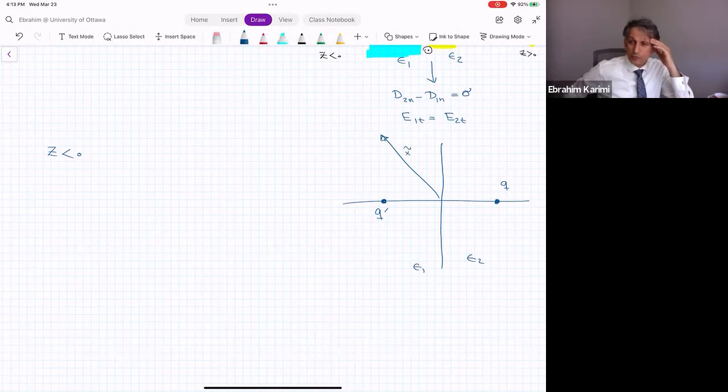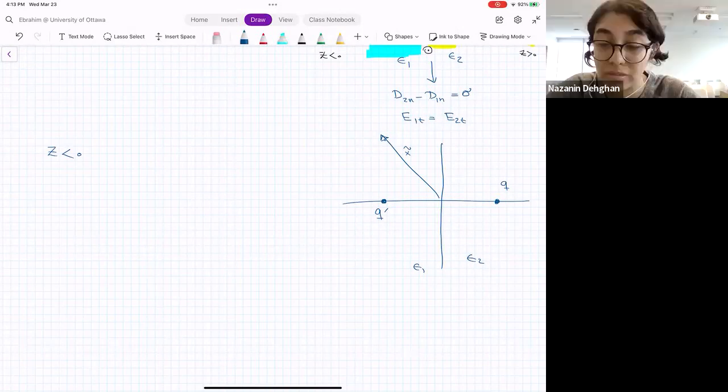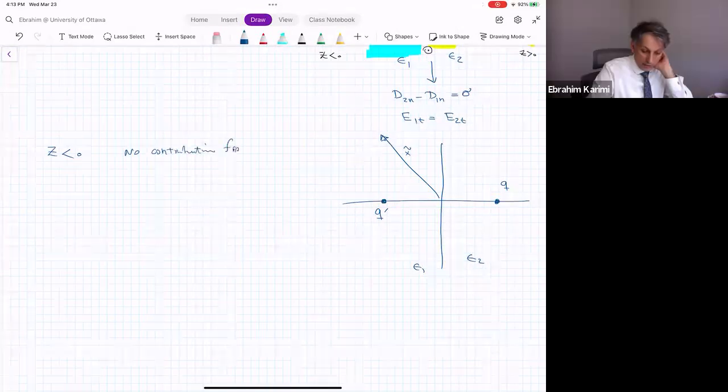Yes or no? I'm talking about z negative. Is the Q prime a real charge? It is not a real charge. So I'm not expecting any contribution from the image charge.